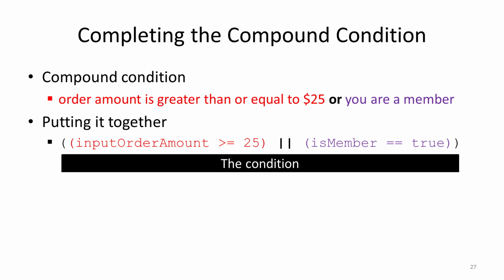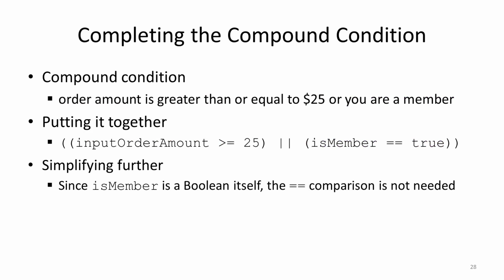If there is an or used in the compound condition, then that is a good signal that you will use the double pipes. So this entire thing is what would be in the condition of the if statement. However, we can simplify this a little bit because that variable is member is a Boolean itself.